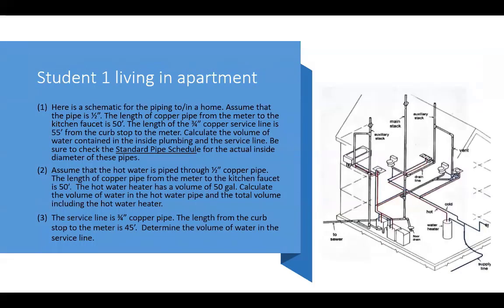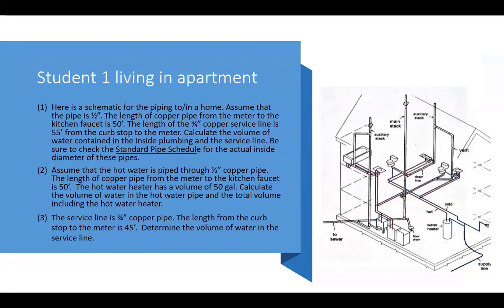Now, if you're living in an apartment, obviously this is much more difficult to do. So what I have given you is a schematic of the piping in a home, and I've given you information about the pipe materials. For instance, for student 1 living in an apartment, the assumption is that all of your premise plumbing is copper. I've given you some lengths and diameters, and then you will make similar calculations.